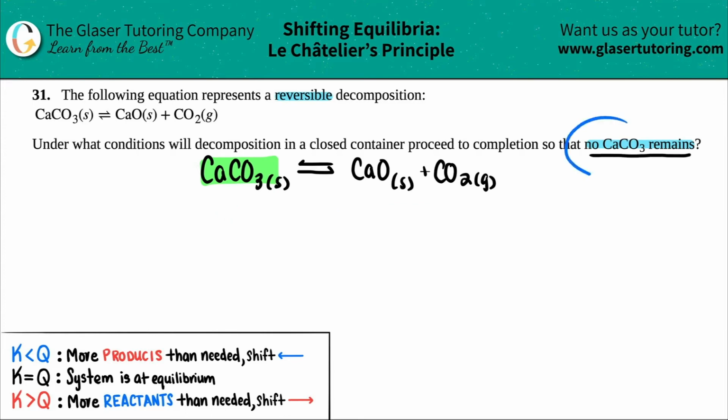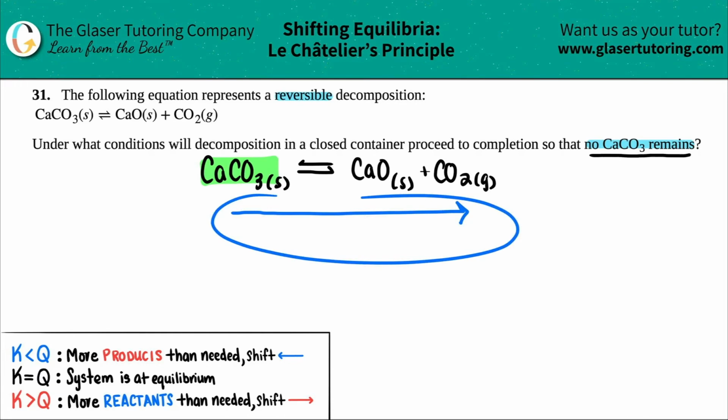If we don't want any more calcium carbonate, I don't want to produce it, I want to go away from it. So my reaction has to be going this way. Now we almost answered the question, but we need to force the situation in which I will produce the forward reaction, and only the forward reaction.